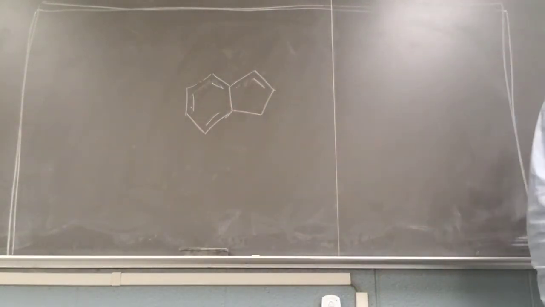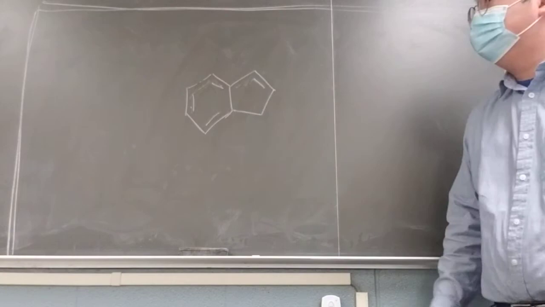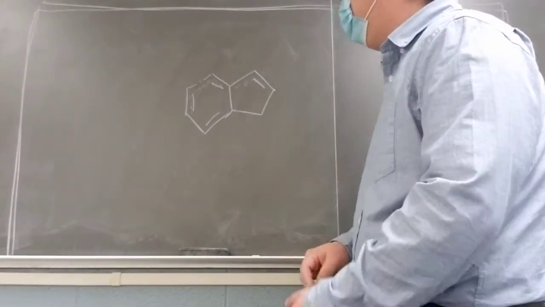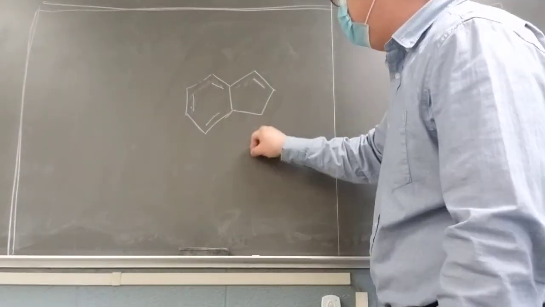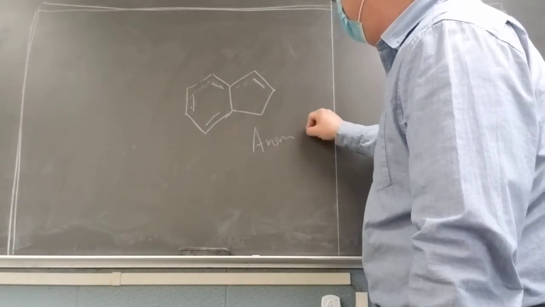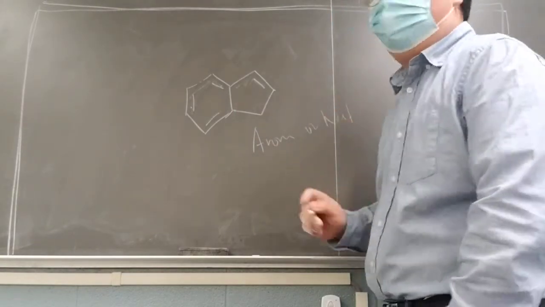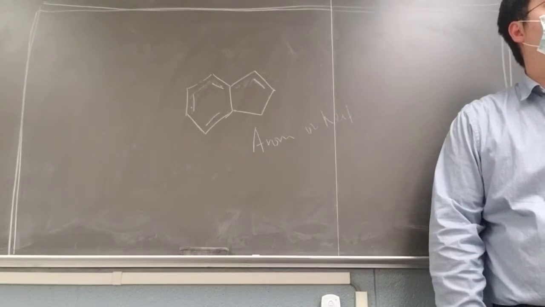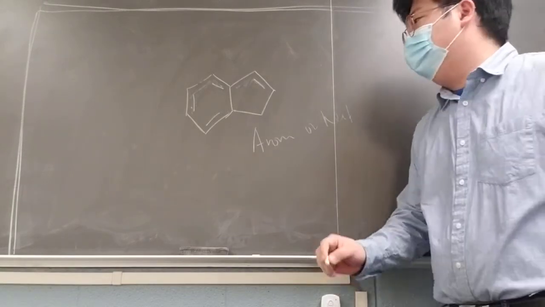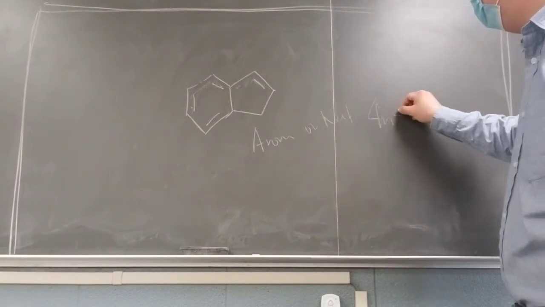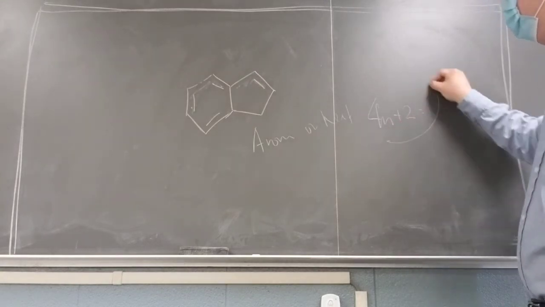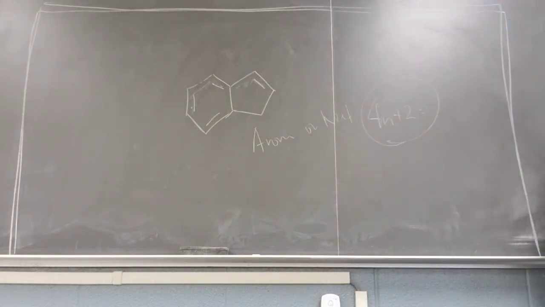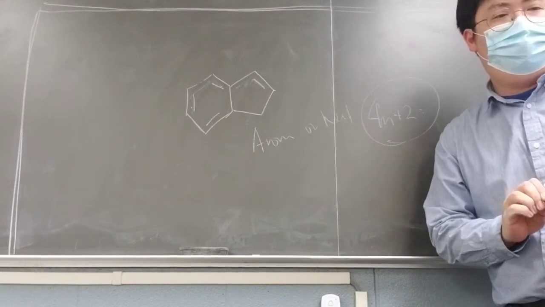So if you try this compound over here, you can find out if this is aromatic or not. I'll give you about 2 minutes. You can try to count the pi electrons and see if it goes well with Huckel's rule over here, okay?